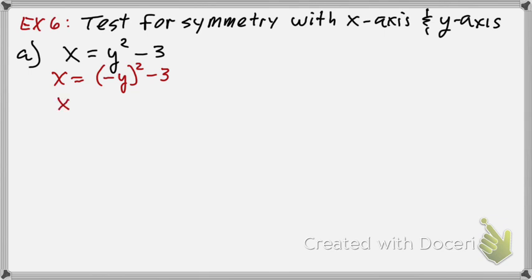Okay, so I've got x equals negative y times negative y gives me y squared. Is that the same as what we started with? Yes, it is. So I can say, well, I think I've got x-axis symmetry.